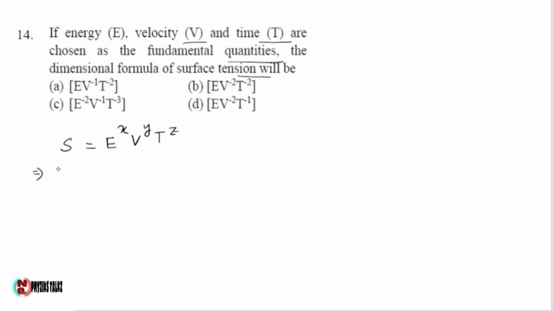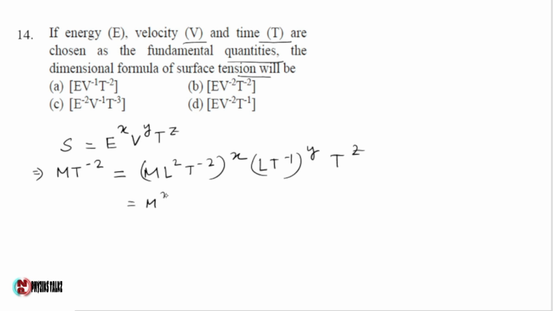The dimensional formula of surface tension is MT^-2, equals the dimensional formula of energy, ML^2T^-2, to the power x, the dimensional formula of velocity, LT^-1, to the power y, and the dimensional formula of time, T to the power z. This gives M to the power x, L to the power 2x plus y, T to the power minus 2x minus y plus z.